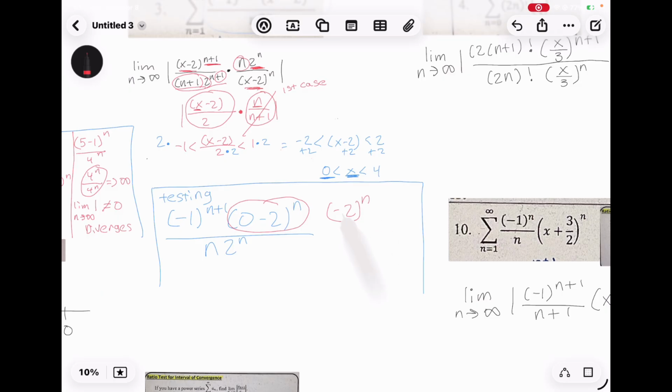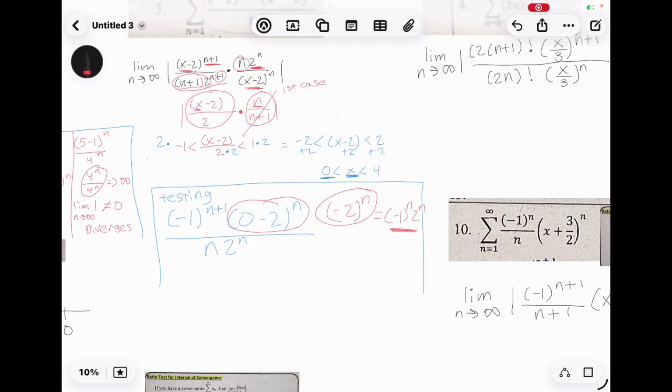So this, we can take out the negative here. Okay, let me go back here. So this negative, if we take that out, this is going to equal negative 1 to the n, to the 2n. Right? That's just another way of writing this. It's the same thing.